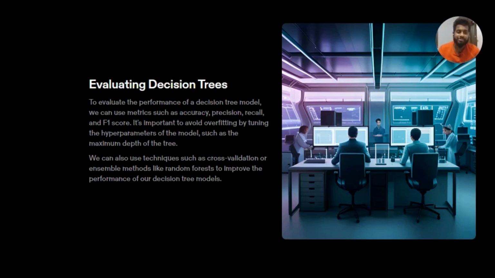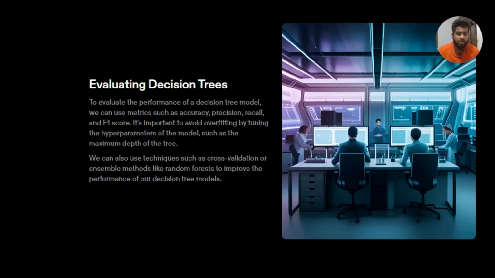Suppose you have written your program to build a decision tree, and at the end we need to make sure how the tree is performing. What are the evaluation metrics for that tree? So we'll be discussing evaluating decision trees. To evaluate the performance of a decision tree model, we can use metrics such as accuracy, precision, recall, and F1 score.